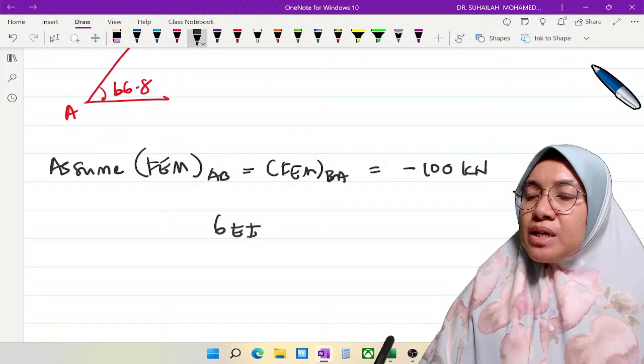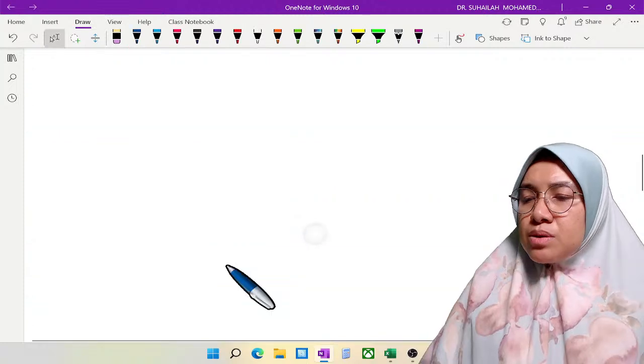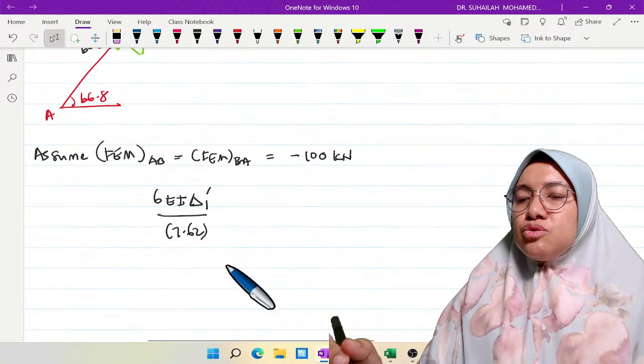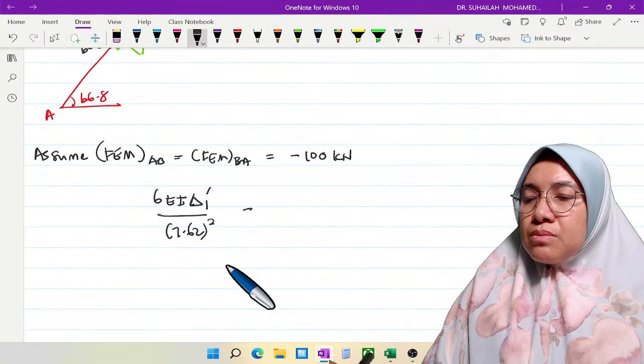Okay, the length is, yes, 7.62. So 7.62, L squared. This is equal to 100.